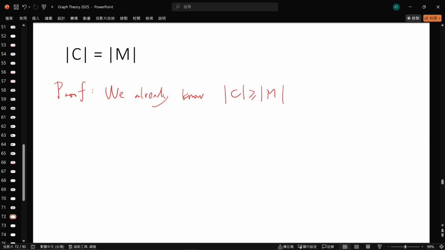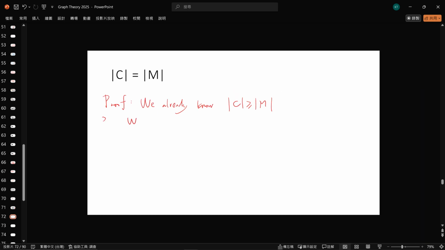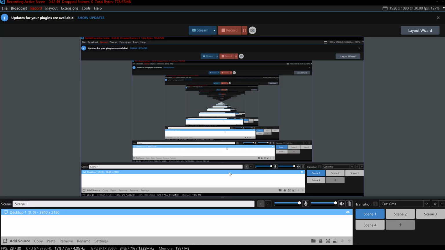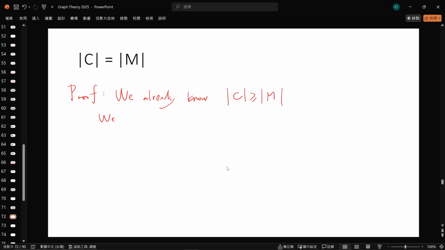Therefore, we only need to show that the size of the vertex cover is at most the size of the matching. Then we have this equality.